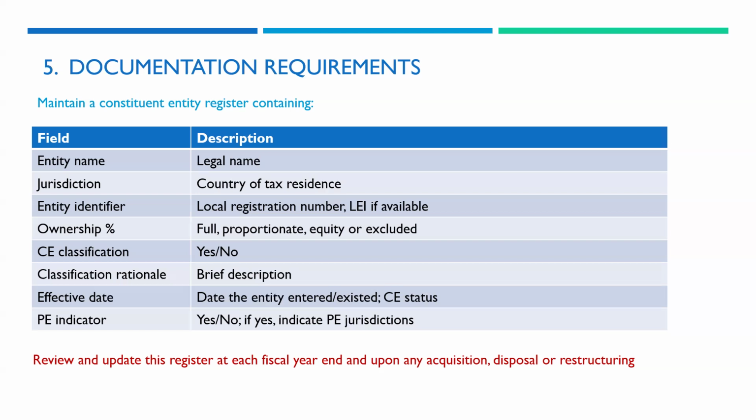One more thing which we saw was flow through entities, basically transparent entities where tax is paid by the owners. They are also a constituent entity. You can ask me, if it is a flow through entity and it has paid only 6% ETR, how will it pay the remaining 9%? Again, that payment will be made by the owners itself.